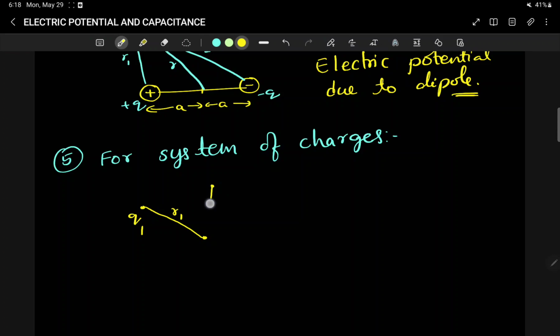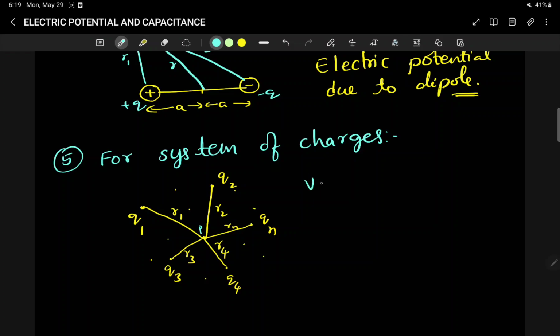This is the charge q2, distance is r2. This is the charge q3, distance is r3. This is the charge q4, distance is r4. This is the nth charge qn, distance is rn. Like that there will be many charges.